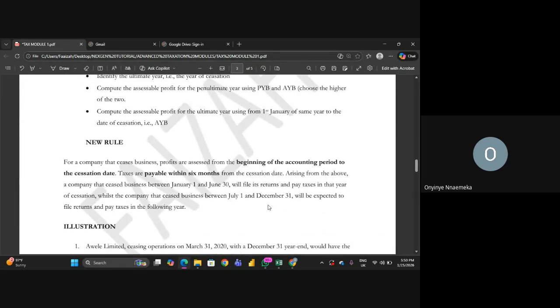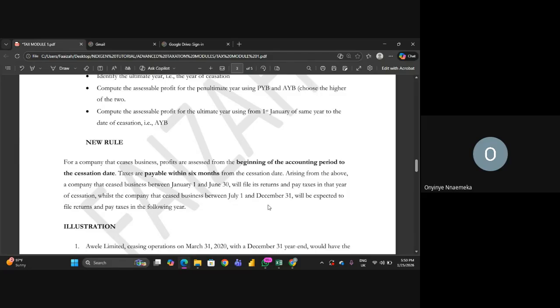So now, cessation of a business means a business wants to stop operation. The business no longer wants to exist. It's no longer a going concern. They want to stop being in existence. They stop operating, which means that particular business will stop having profit, right?